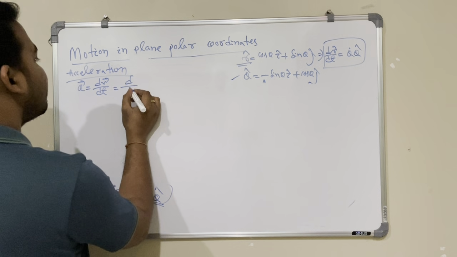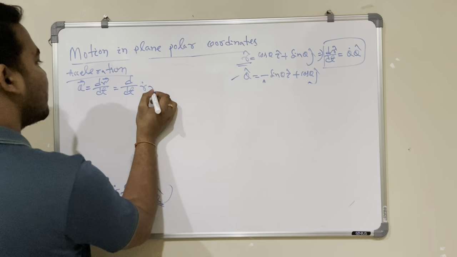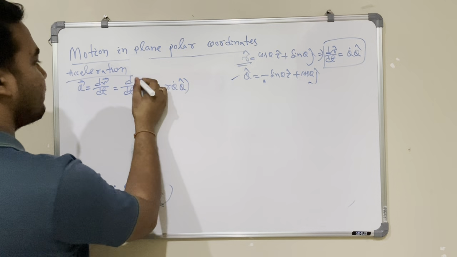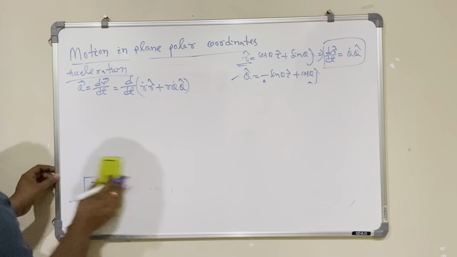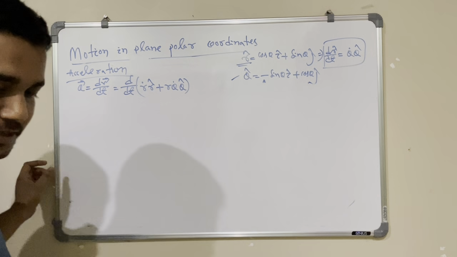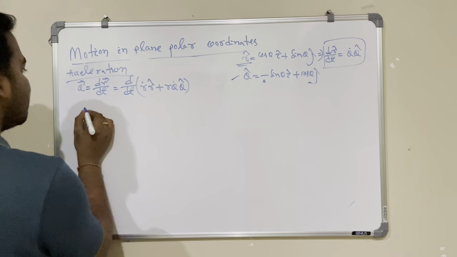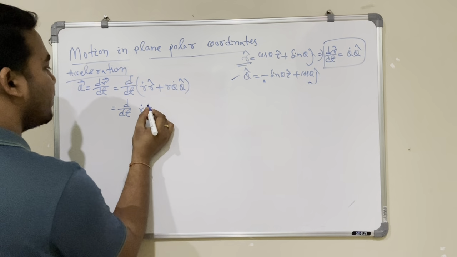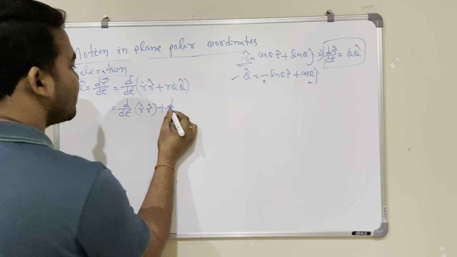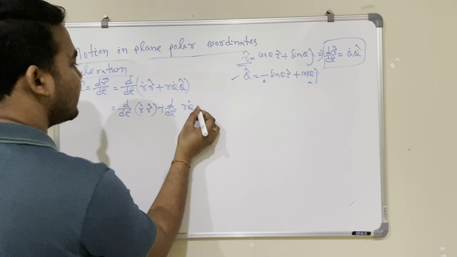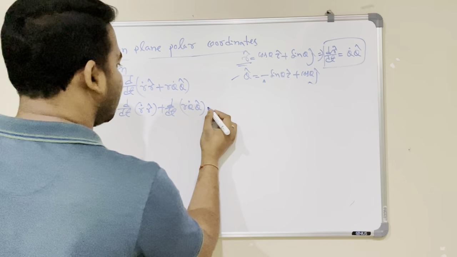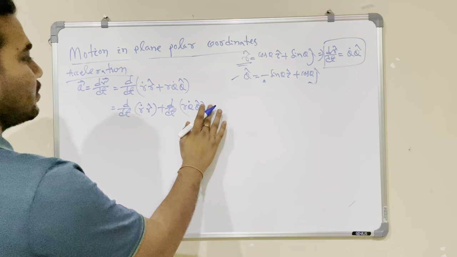So this is equal to d by dt of r dot r cap plus r theta dot theta cap. We'll differentiate both the terms, so this is d by dt of r dot r cap plus d by dt of r theta dot theta cap.